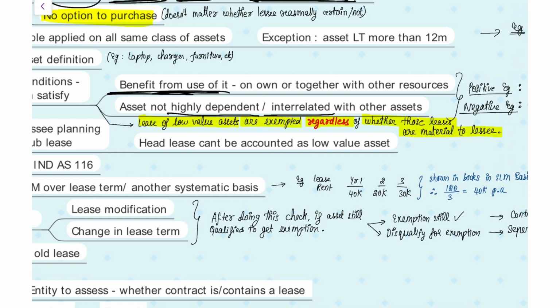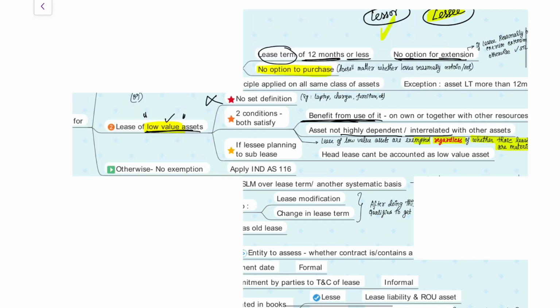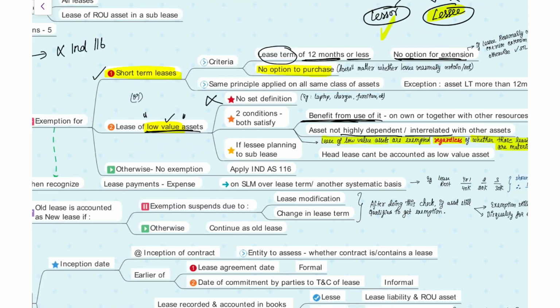What they are telling you is that if an asset has fulfilled the two conditions and been classified as a low value asset, regardless of whether it is material or immaterial to the lessee, and without needing to fulfill any other condition, if these two conditions are fulfilled, that is more than enough. You can take the exemption not to apply Ind AS 116.